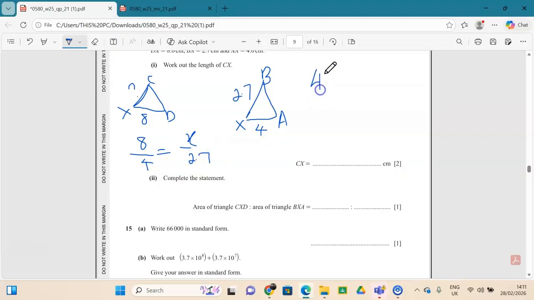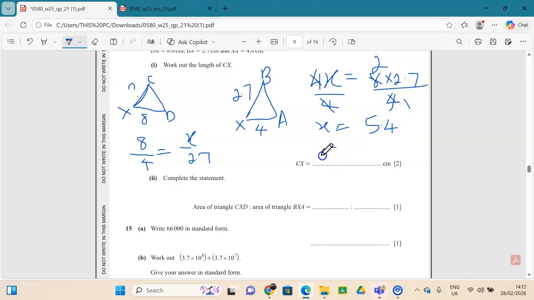So 4x will be equal to 8 times 2.7. We divide by 4. And x itself becomes, 4 here is 1, and 4 here is 2, and 2 times 27 is 54. But there is one decimal place to put that point, so this will be 5.4.